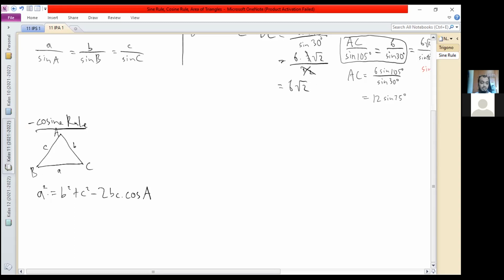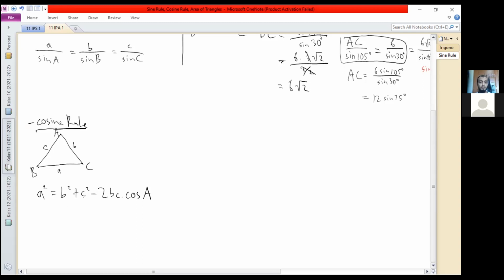But let's look at the formula. We have a squared equals b squared plus c squared. Have you seen this formula before? Of course, it is similar to the Pythagorean formula.